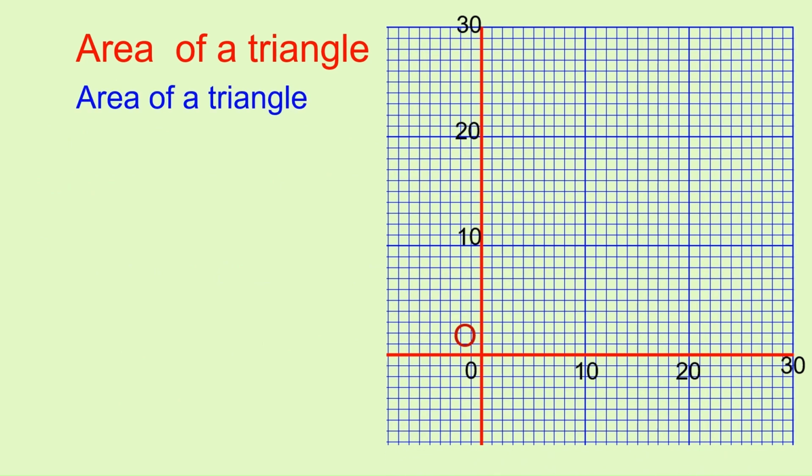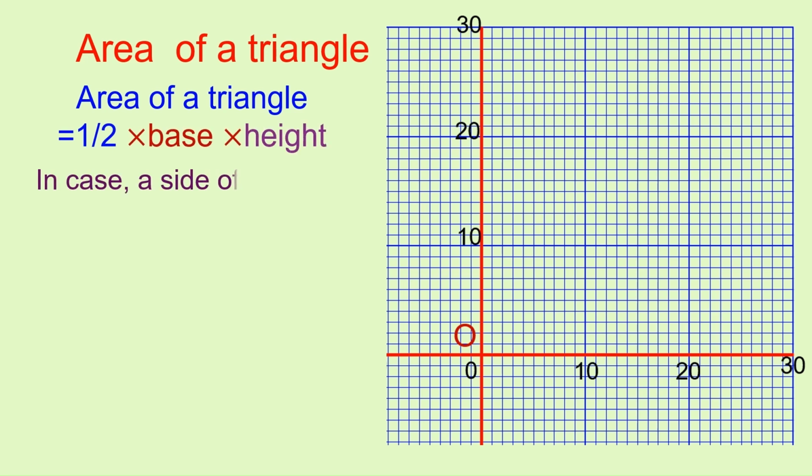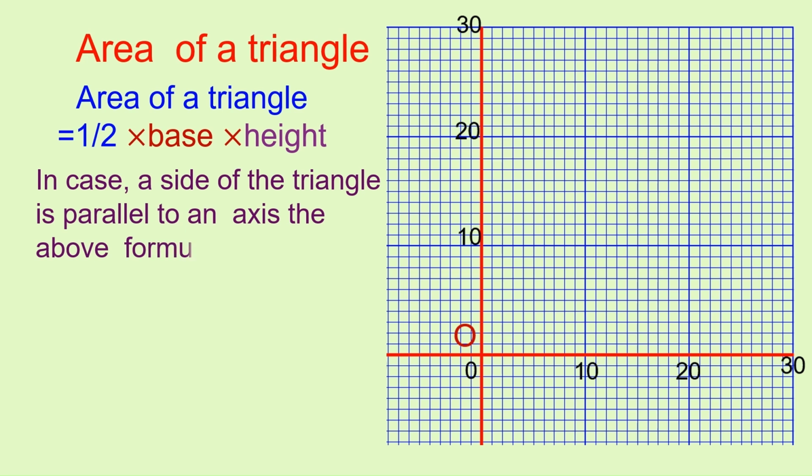Area of a triangle equals 1/2 times base times height. In case a side of the triangle is parallel to an axis, the above formula is very useful and convenient.